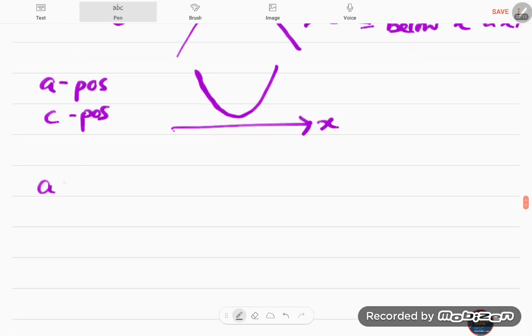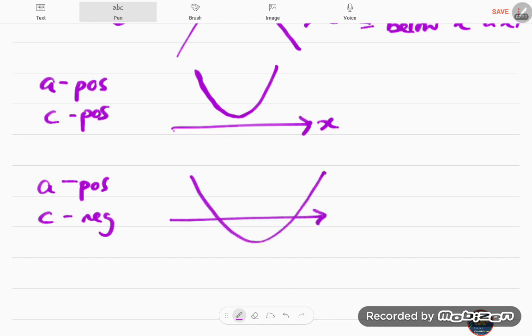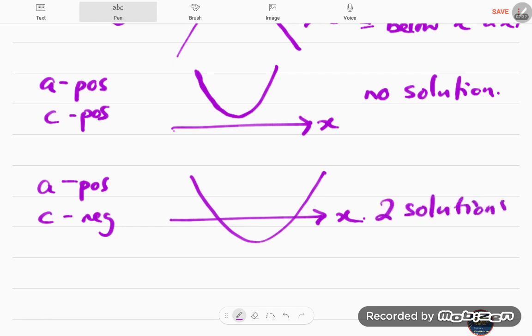And A is positive, C is negative, like that. Notice how here we have no solutions, because they do not meet anywhere. That's what solutions are. Solutions are where two graphs meet. And then here we have two solutions.